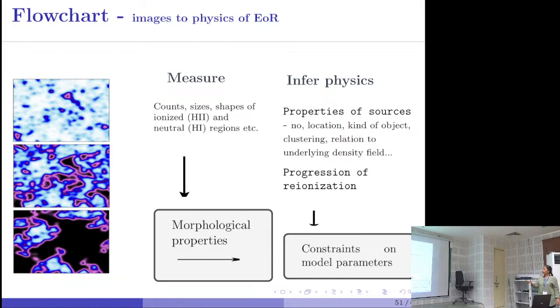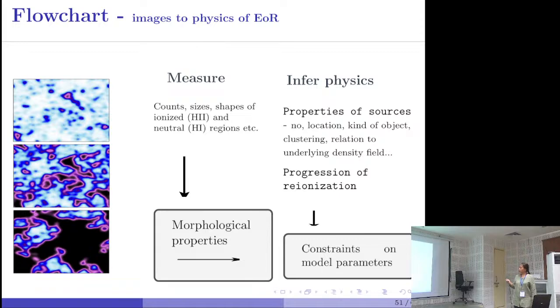So the underlying density field will also affect it. We want to infer all of this physics by looking at these images through mathematical analysis. All of these different properties will affect the rate at which reionization progresses, and so we want to find that.